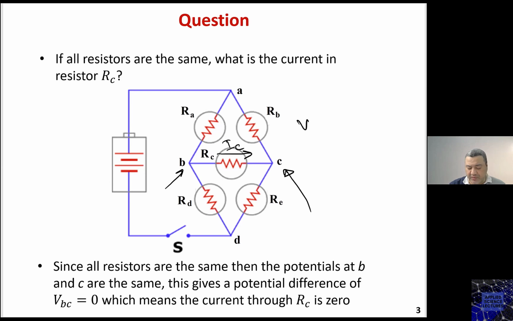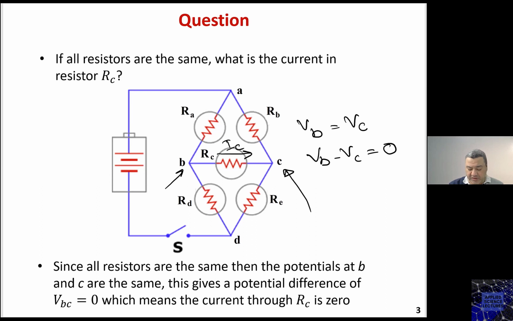So I have here VB equals to VC. So if the potential is the same due to the symmetry, then VB minus VC is 0.